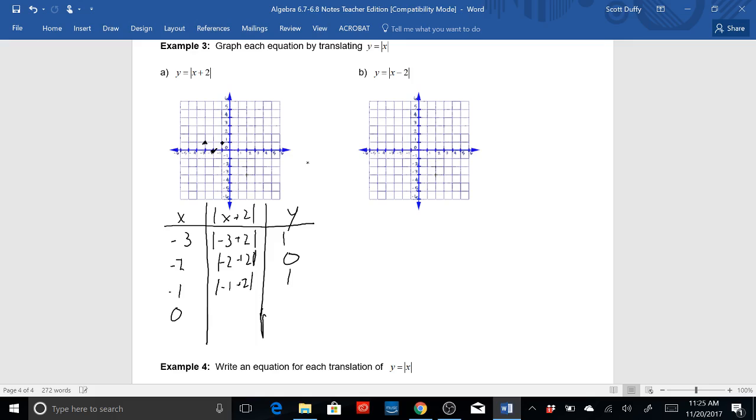Let's do 0: absolute value of 0 plus 2. 0 plus 2 is 2, absolute value of 2 is 2.